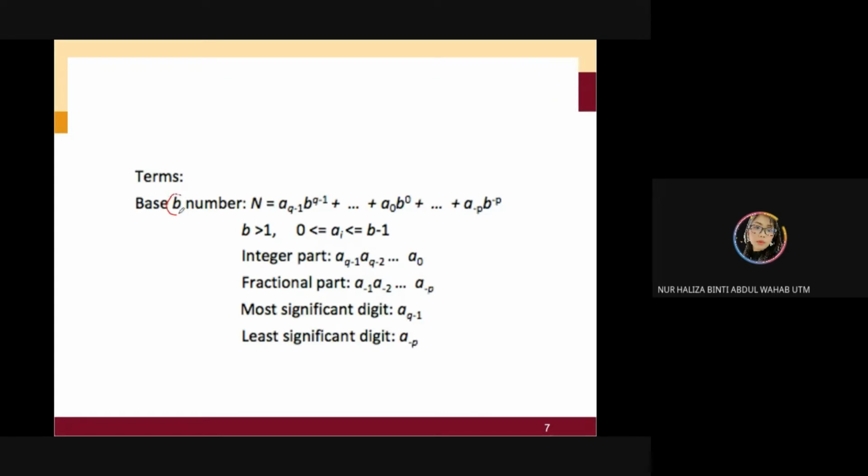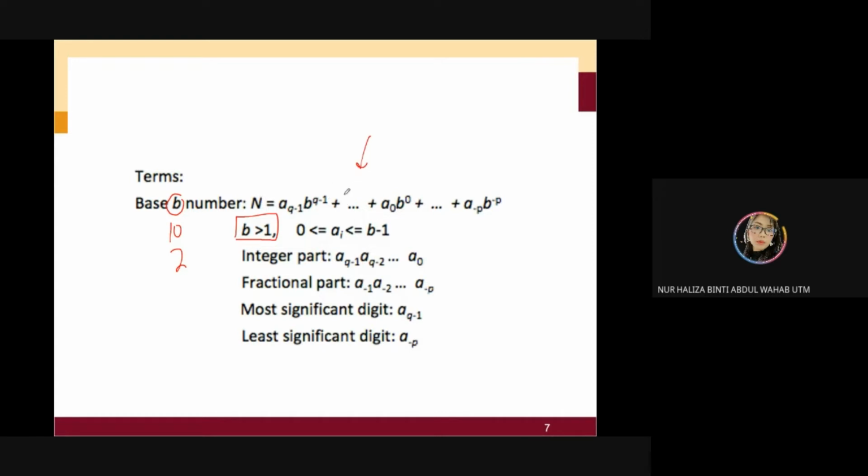Okay, this is your base number. So whatever the base, if let's say 10, it is going to be replaced with 10, if base 2 you're going to replace with 2, and normally our base will be more than 1. And your value, you can see this equation, but basically I don't want to make you confused.